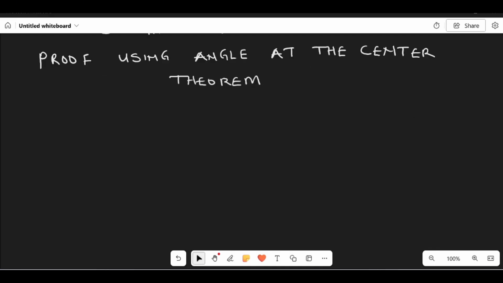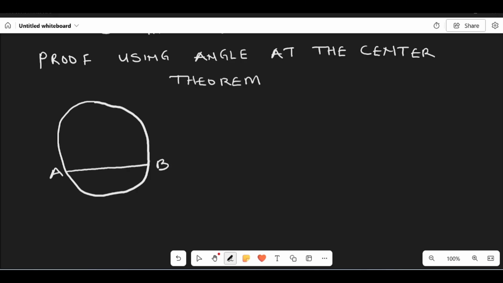Let us prove this angle in the same segment theorem by using the angle at the center theorem. Let us draw our circle. Let us draw chord AB.